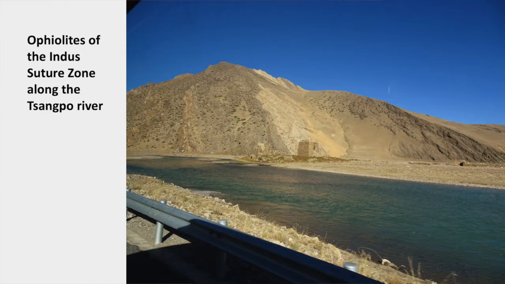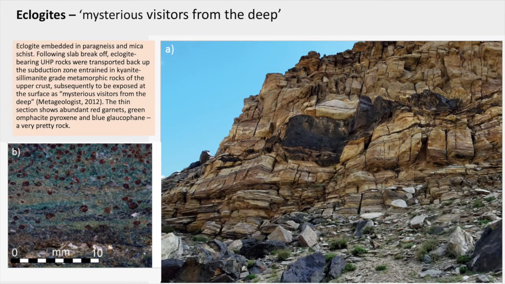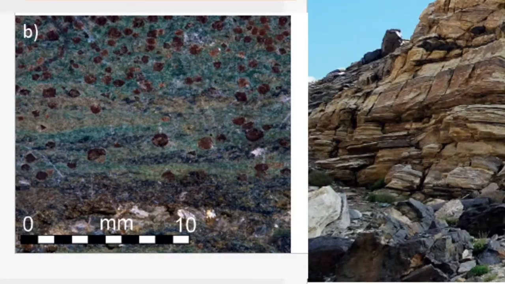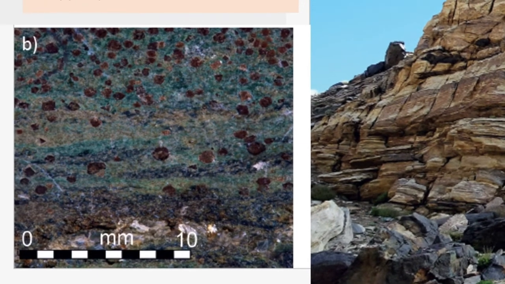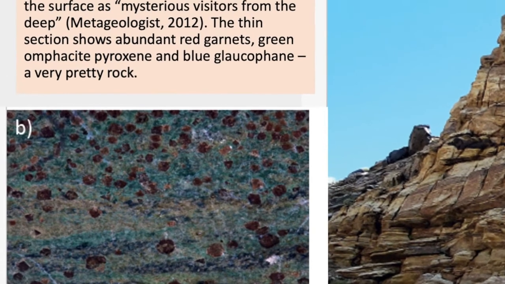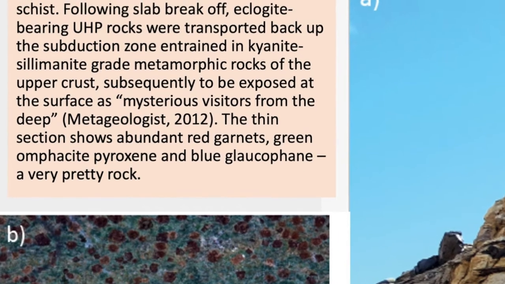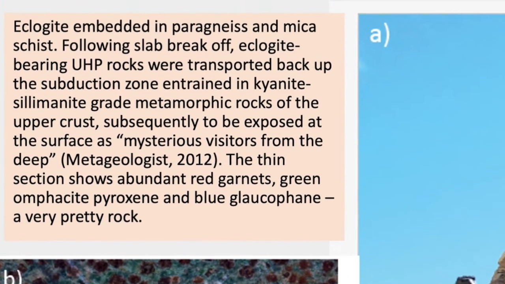One other thing that you get, which is really interesting along the suture zone, are eclogites. And these are very pretty rocks. These garnets here, it's all written out here, green omphacite pyroxenes, and you've got blue glaucophane in there. There's a thin section of this eclogite.